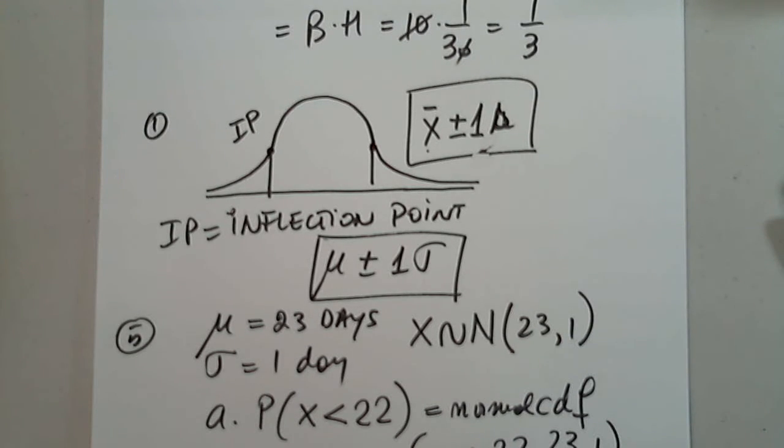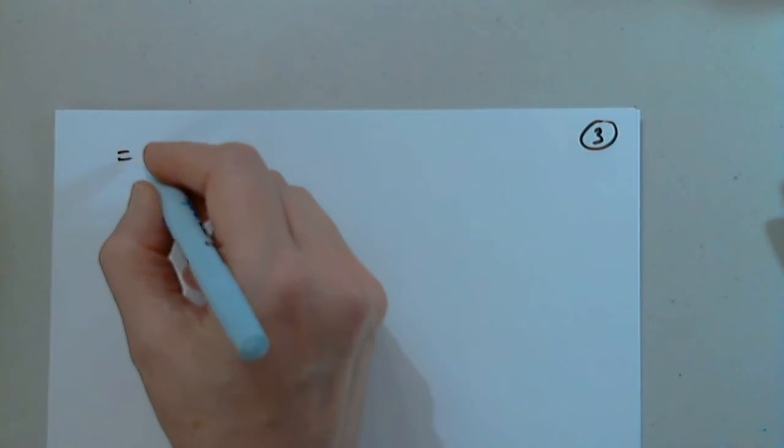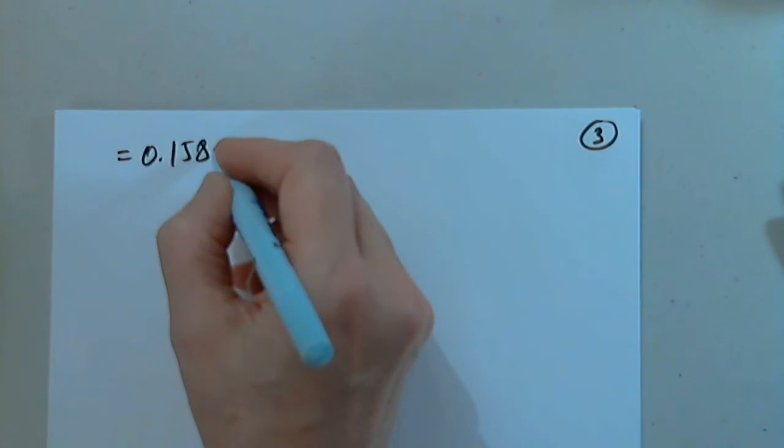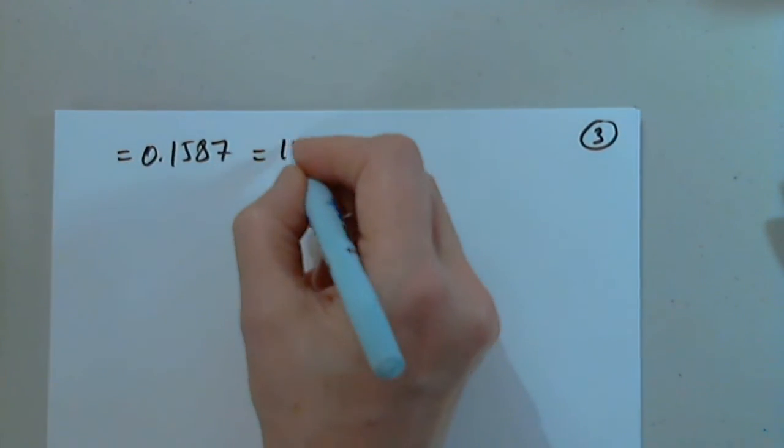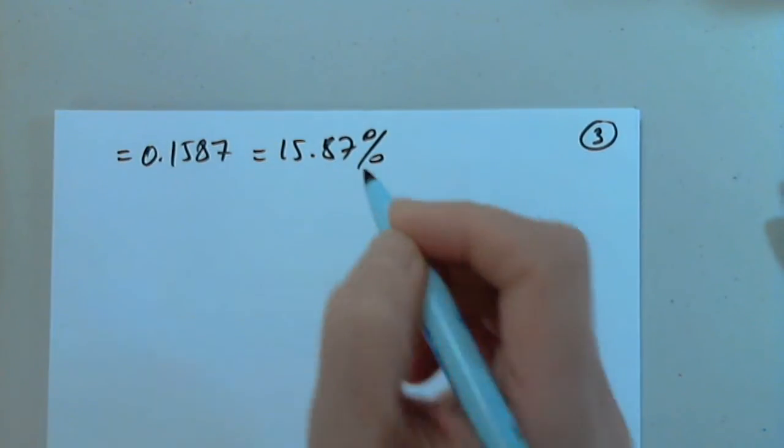Upper, 22. Mean, 23. Standard deviation happens to be 1. Fine. So the probability is, let me go back to page 3 now. So that is 0.1587 or 15.87%.